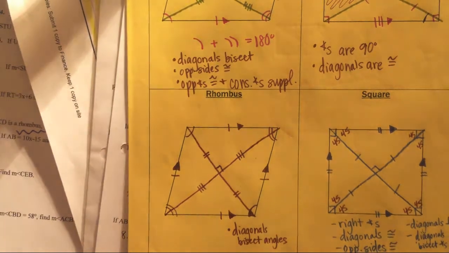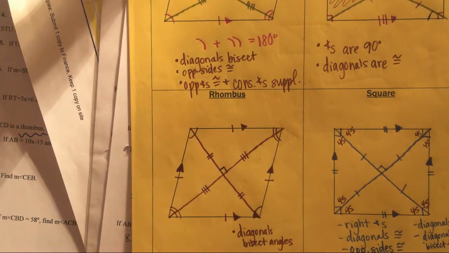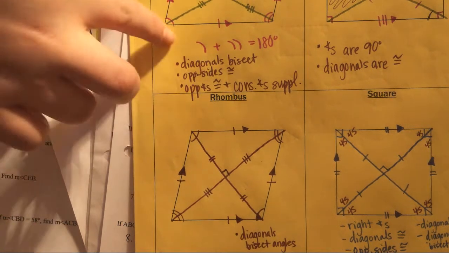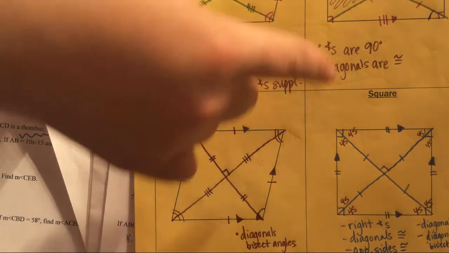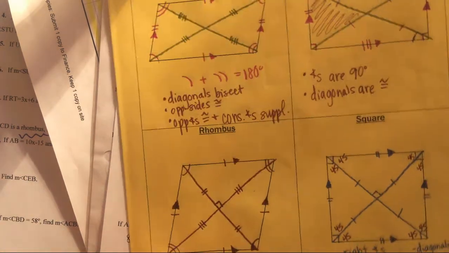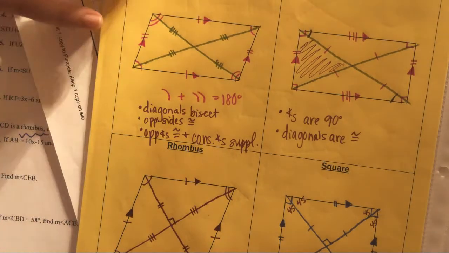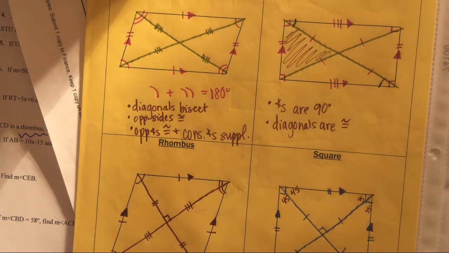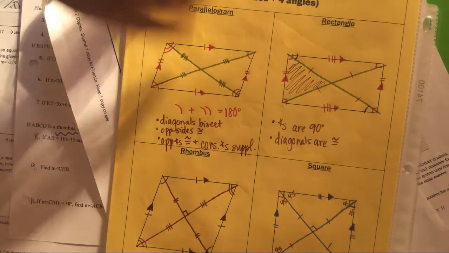Or, if none of these markings mean anything to you and look like complete gibberish, do you have some words added to your handout? That way it makes sense to you and you can make it useful for the test tomorrow. Now again, this handout is only useful for parallelograms and types of parallelograms.